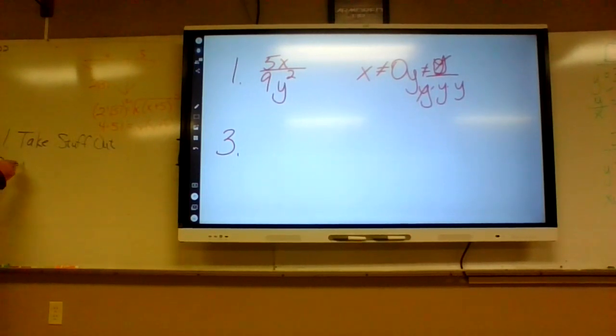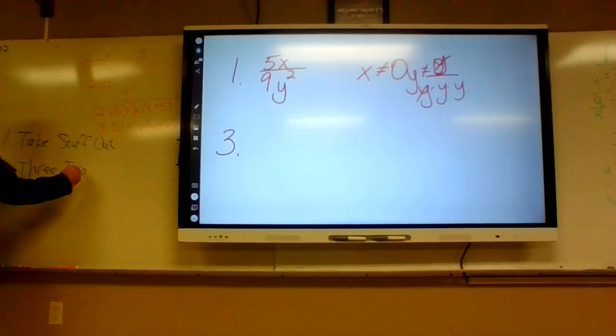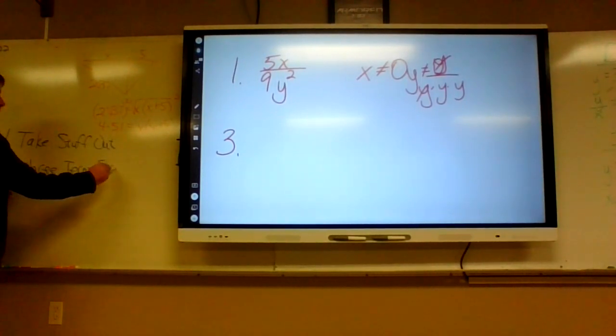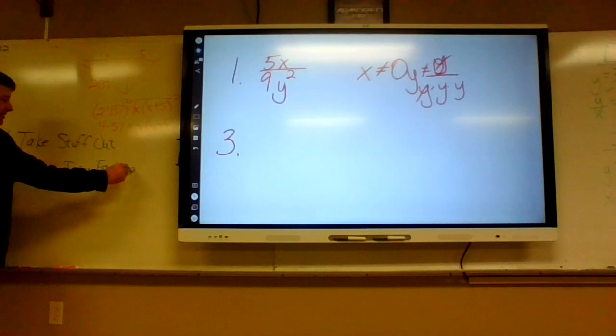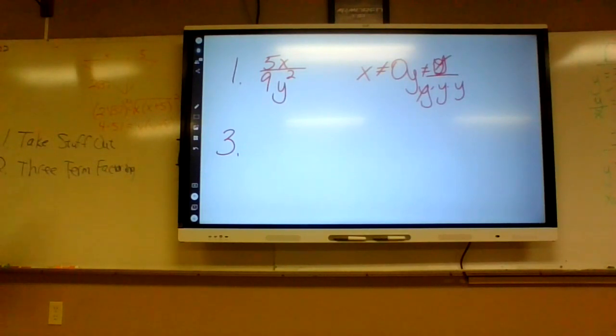The second way we learned is 3-term factoring. This one shows up the most. It's like reverse foiling. 3-term factoring is setting it back up as a foil kind of thing. And the third one is difference of squares. Square minus the square. Like, for example, 4x squared minus 9.